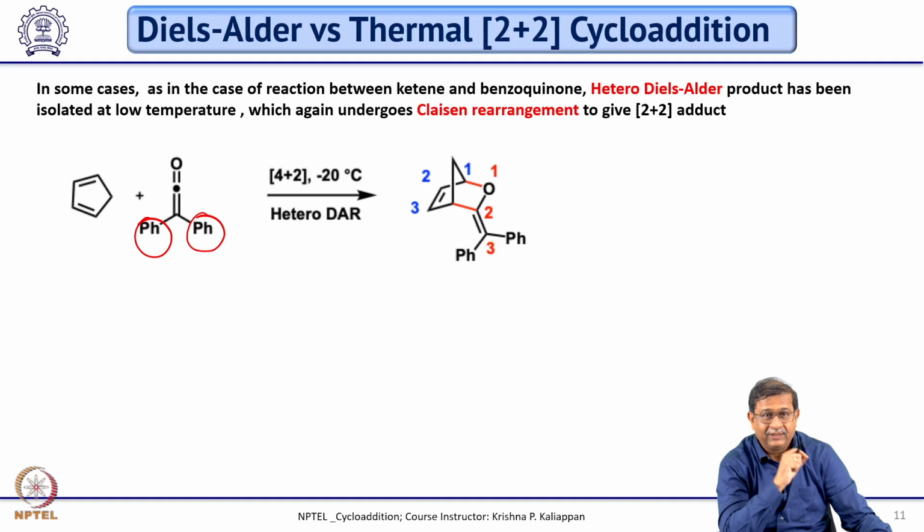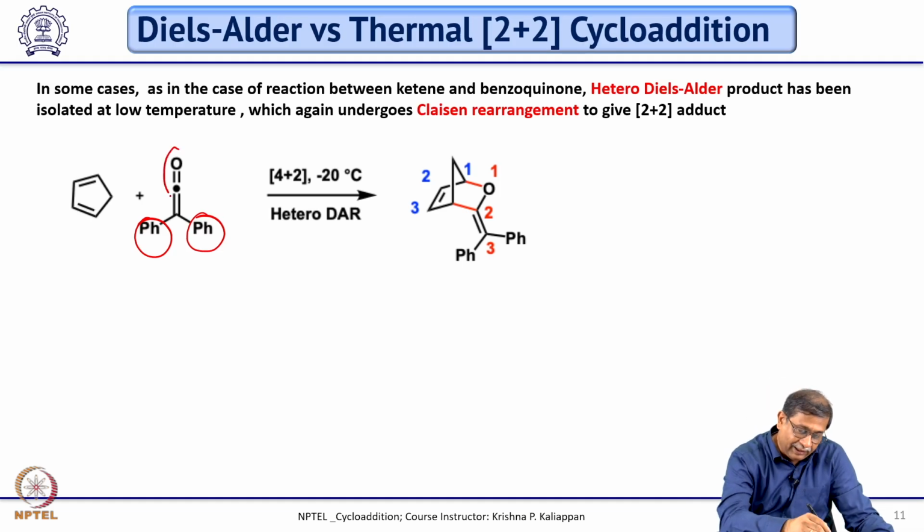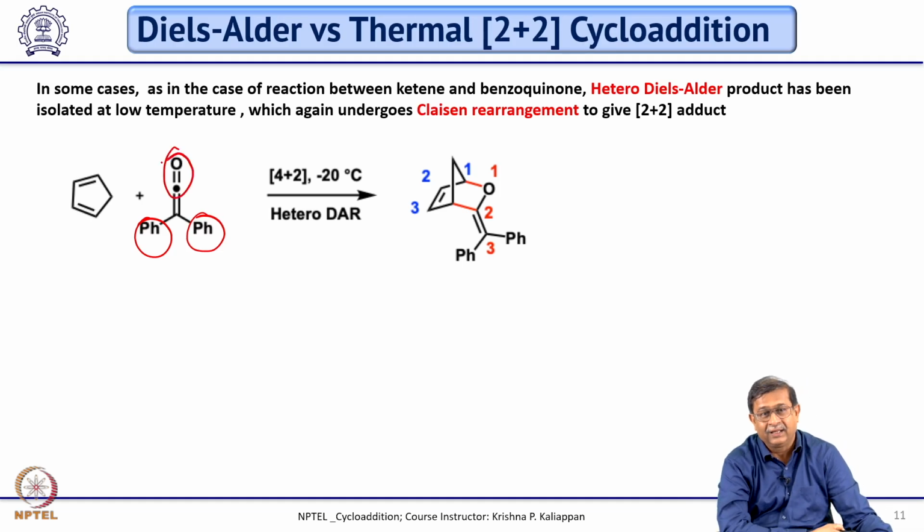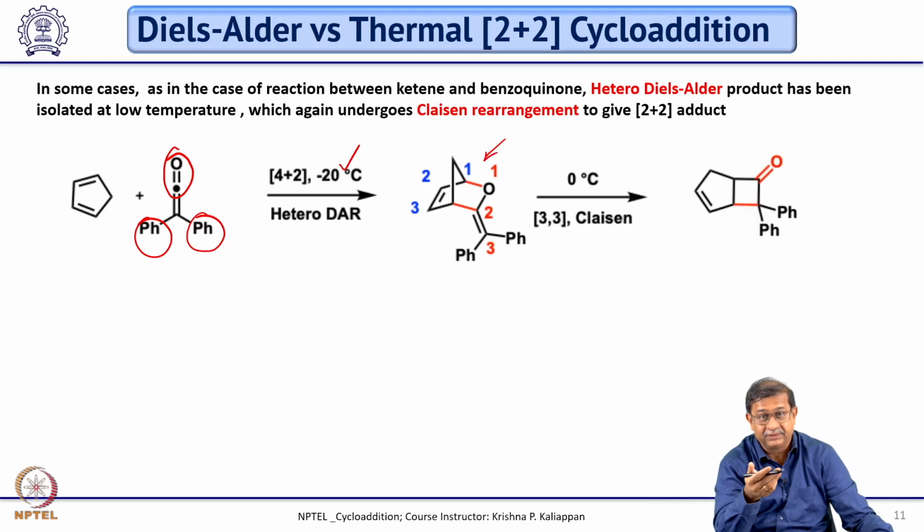Okay. So, here what happens, the carbonyl group of the ketene at very low temperature, minus 20, undergoes a 4+2 Diels-Alder reaction. We can call it a hetero-Diels-Alder reaction. Okay. Now, again, as I have written here, you can see 1, 2, 3 on the left, 1, 2, 3 on the right. This can undergo, at room temperature or even at 0 degrees, a 3,3 sigmatropic rearrangement.